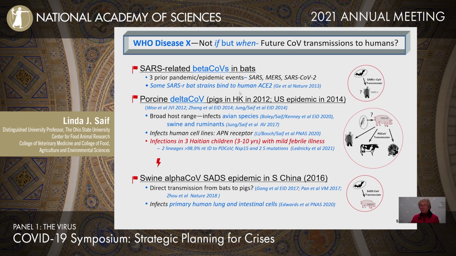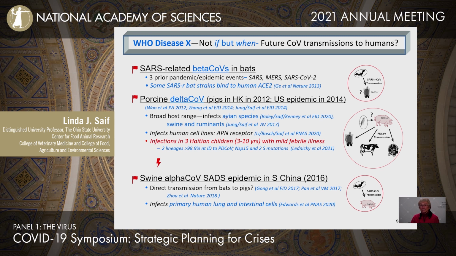There have been 3 major epidemic events with SARS, MERS, and SARS-2, and these latter are still ongoing. It's also been shown that some SARS-related bat strains bind to human ACE2, so there could be the possibility for direct transmission from bats to humans.